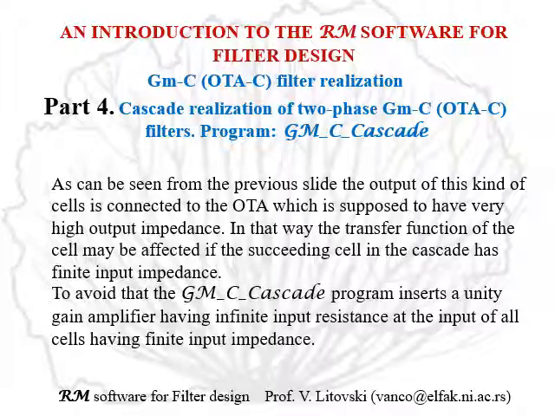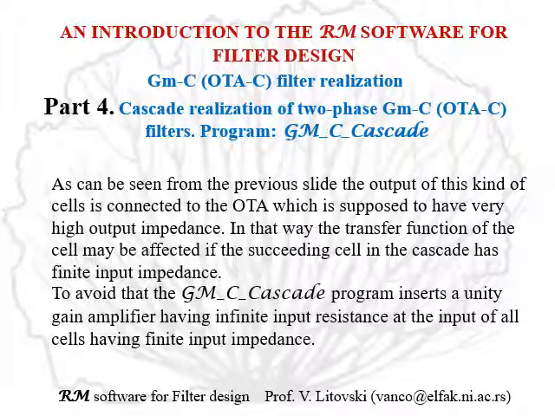The output impedance of the cell will be large, especially at lower frequencies. In that way, the transfer function of this cell may be affected if the succeeding cell in the cascade has finite input impedance.